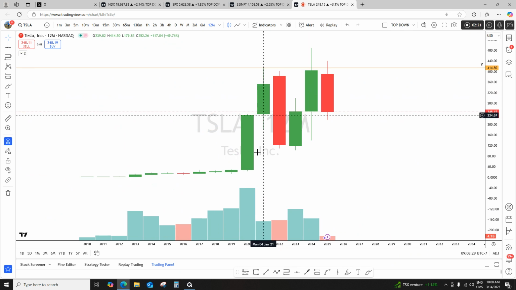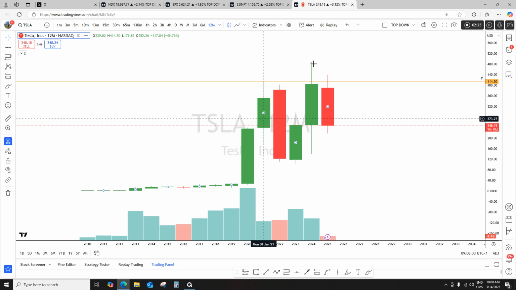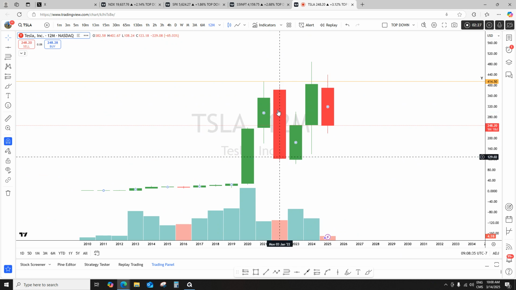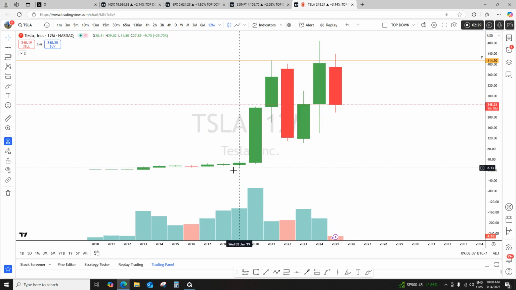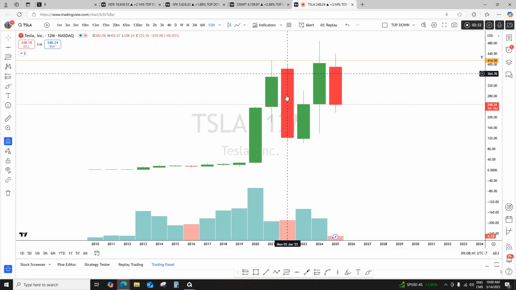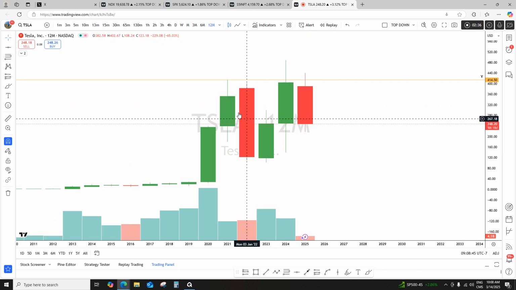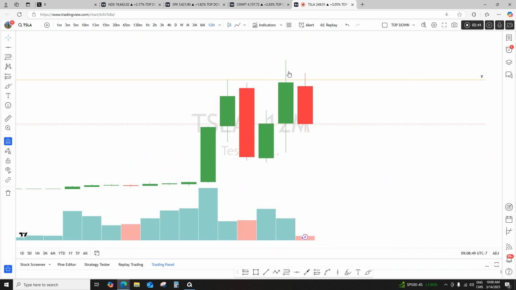Though buyers were able to poke through this supply, which is not of quality, you need to understand that price went up and then it took a U-turn. There is somebody sitting here, and that player pushed the buyers down from here.